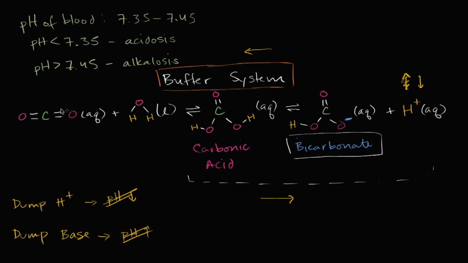You're just going to have more carbon dioxide being converted to carbonic acid being converted to bicarbonate. This whole thing is going to move to the right, and so it's going to be able to some degree replace the lost hydrogen ions. So this right here is a buffer system. It helps dampen the impact if you have more hydrogen ions enter the system, or if you have something sopping up all of the hydrogen ions. And it's super important for us, well, just being able to live.